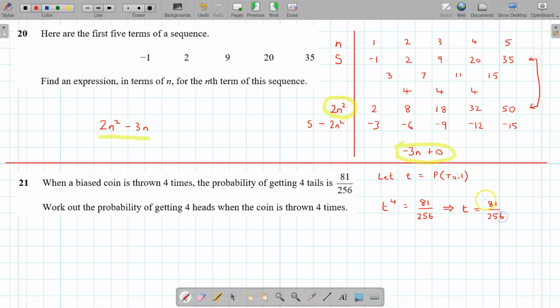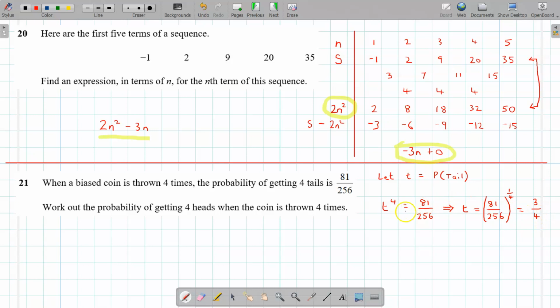Okay, or you can use the 4th root button on your calculator. And what number times itself 4 times over gives you 81 is 3, and the 4th root of 256 is actually 4, because 4 to the power 4 is 256. So it's actually quite easy.